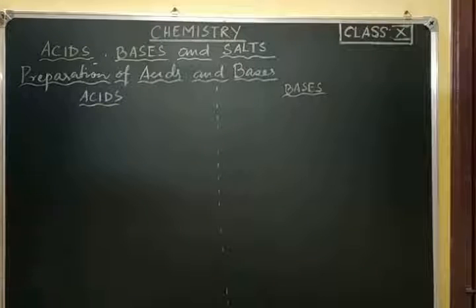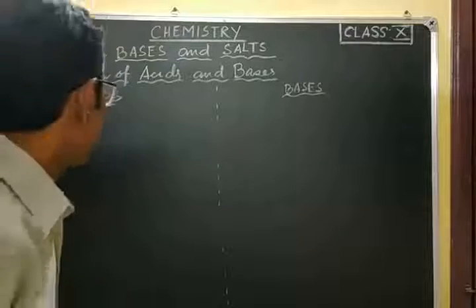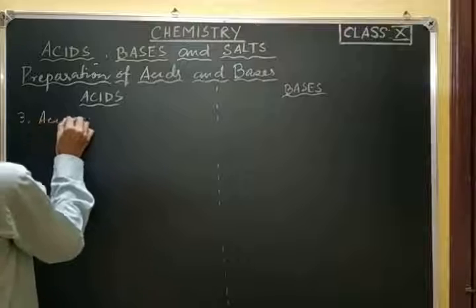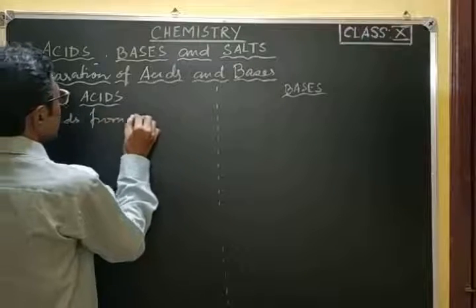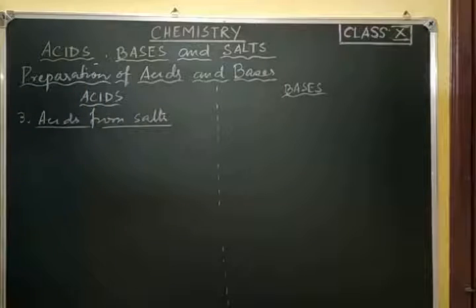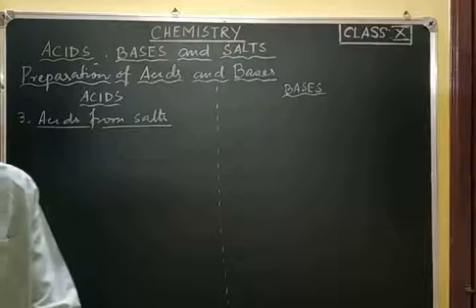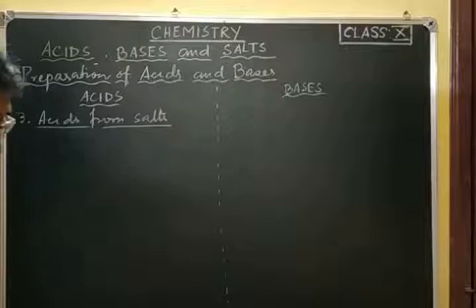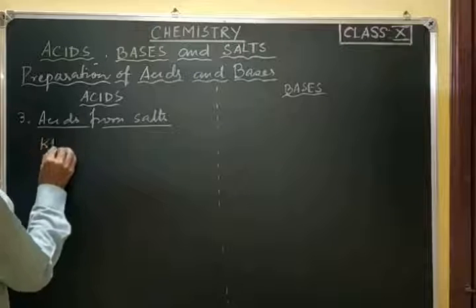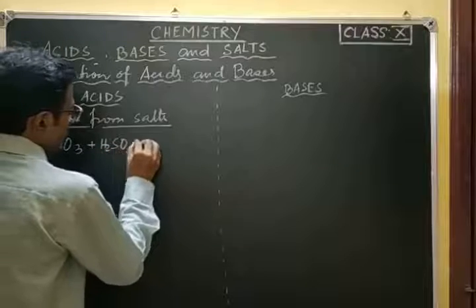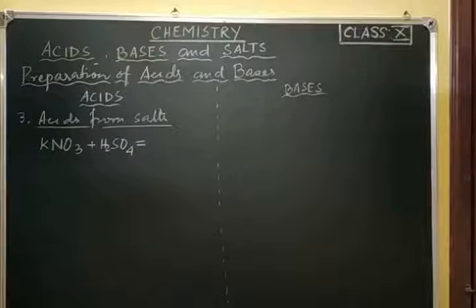Now acids and bases from salts, remember. So first, number 3 I will start, that is acids from salts. So remember, few salts on reaction with acids produce different acids. See, potassium nitrate when it reacts with H2SO4, the same reaction will be there in your nitric acid chapter.